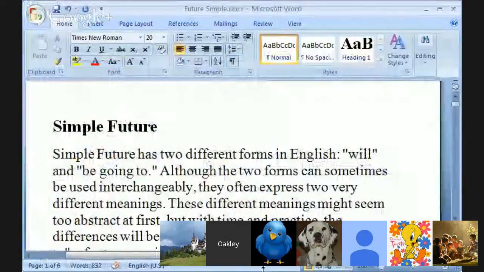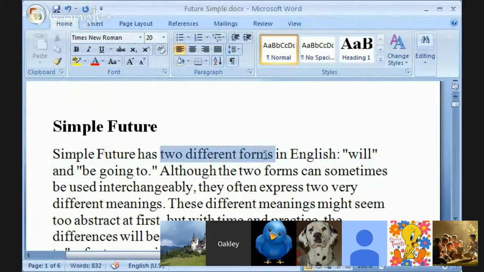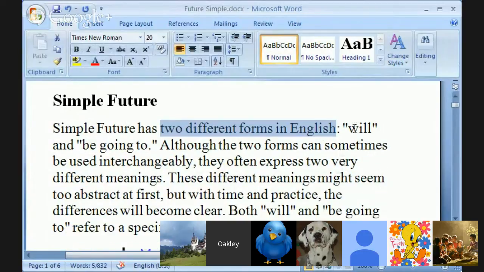All right, let's get to our business at hand, which in fact is looking at simple future verb tenses. First thing to note is that there are 2 different forms in English. We have will and the verb, and be going to and the verb. These 2 forms can be used interchangeably, whatever feels right, really most of the time, especially when you're talking about predicting things.